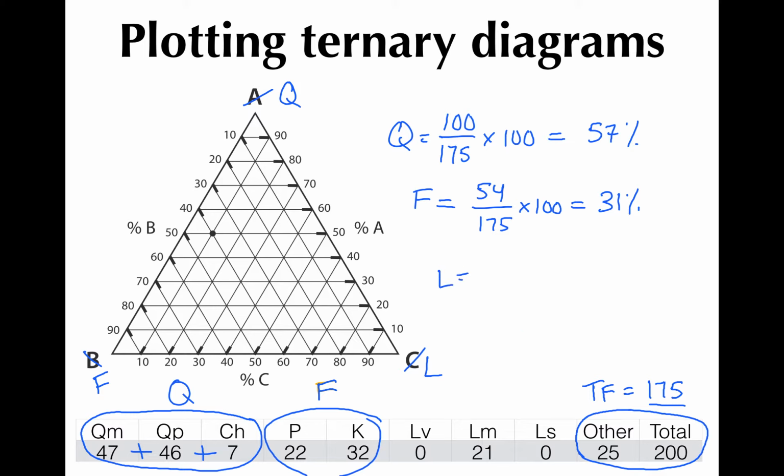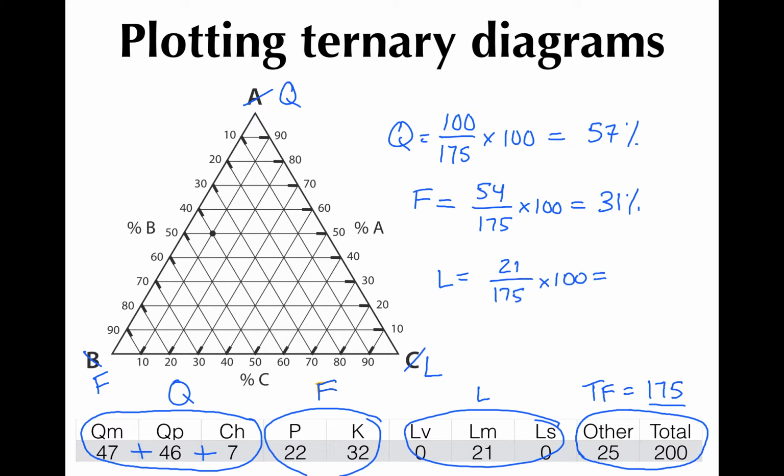And then our L is going to be the sum of all of these. Our L only is 21 over 175 times 100, which is going to be equal to 12%.